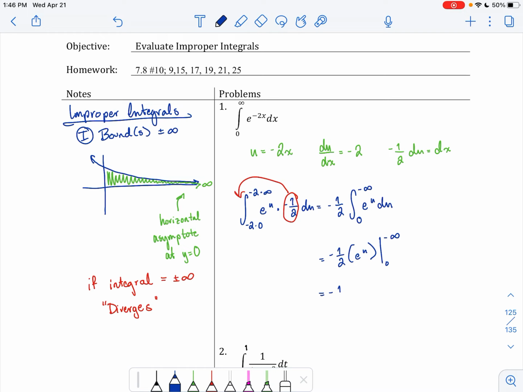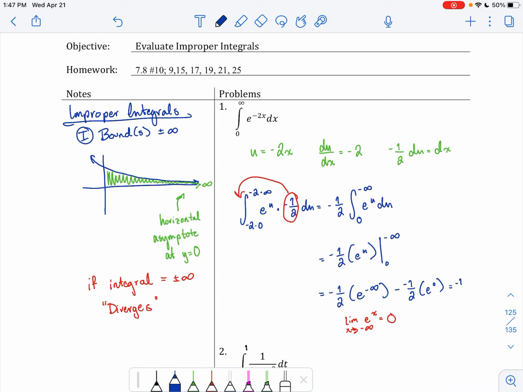Set up the difference: negative 1/2 e to the negative infinity minus negative 1/2 e to the 0. Now here, we can't necessarily plug in infinity, but we want to treat it like a limit. So we know that the limit as x approaches negative infinity of e to the x equals 0, so it converges.